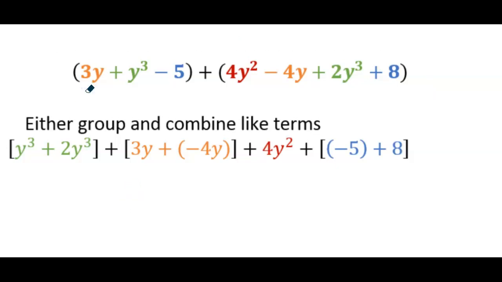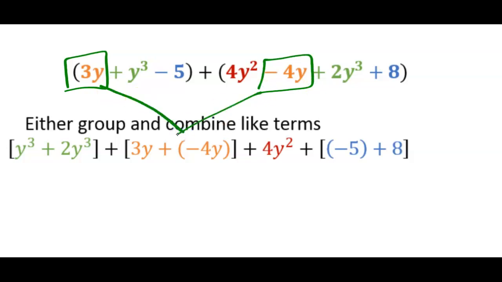So like 3y plus negative 4y, we could have grouped that together and then added them together. We kind of did that when we did the shape around it. So in this case, we would have done a 3y and a minus 4y, and so on. So if I did this, this is called grouping them together and combining like terms.